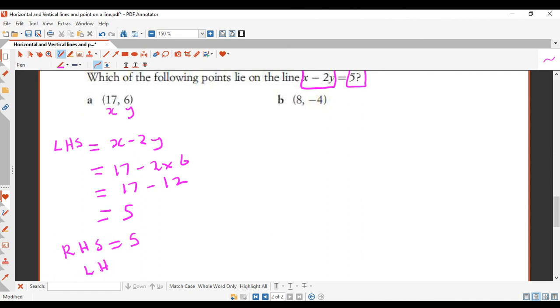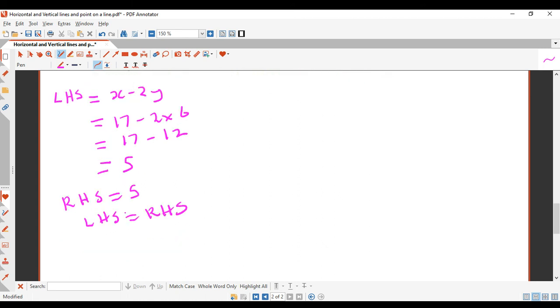So we say the left-hand side equals the right-hand side. Therefore, 17/6 lies on the line. So therefore, 17/6 lies on the line x minus 2y equals 5.